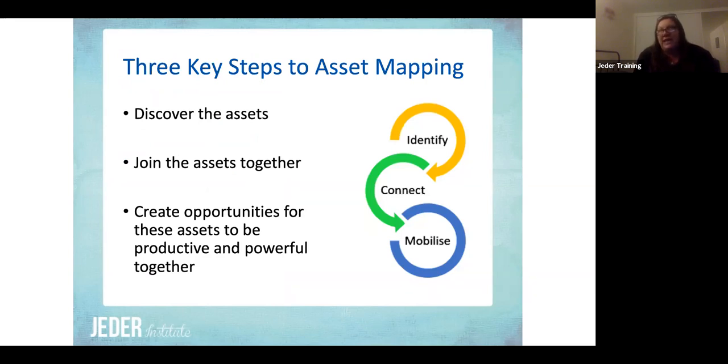Our role as organisations, as community workers, as passionate community members, even, doing this with our own local hat on, is to create the opportunities for these assets to be productive and powerful together. And that's where the power lies. That's where the real shift lies. Because we can discover assets and connect people up and go, isn't that fabulous? Look, they're best friends now. Or that's wonderful, they're all out horse riding together.